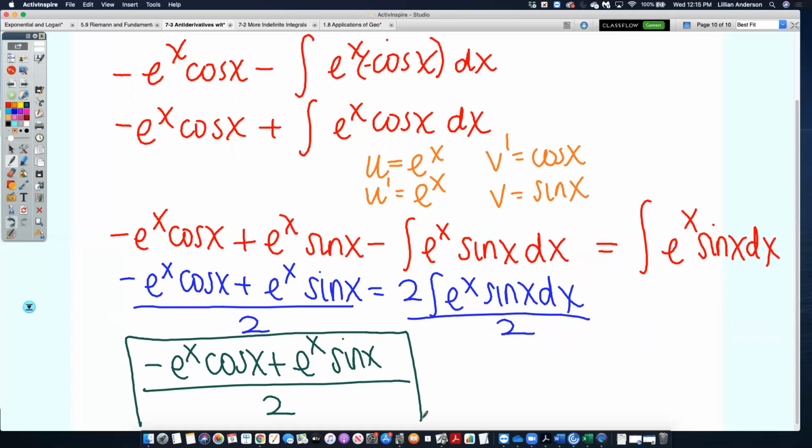Like you said, it was going to keep repeating itself over and over again. But the truth of the matter is that once you get it back to this point, you are able to solve for that expression, because it's really just algebraic.